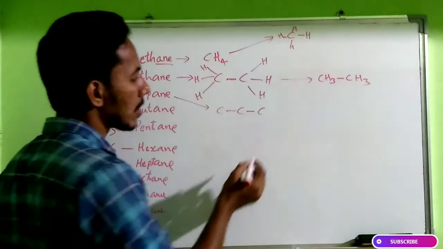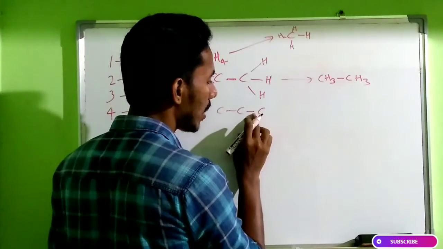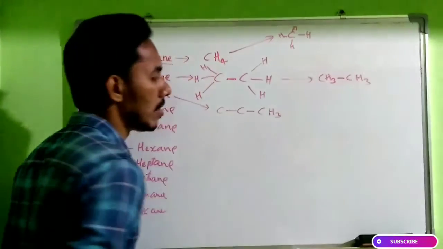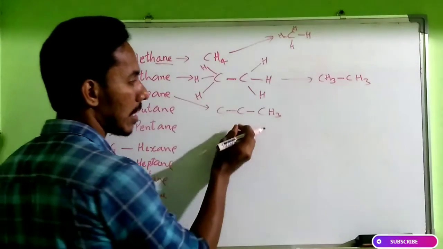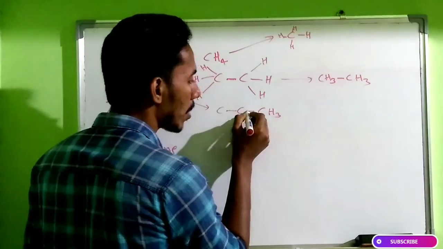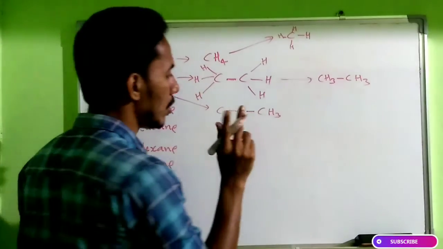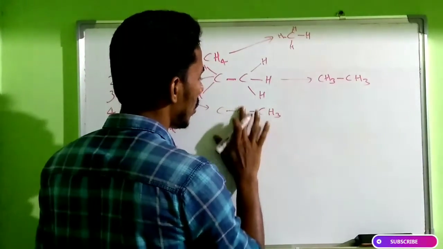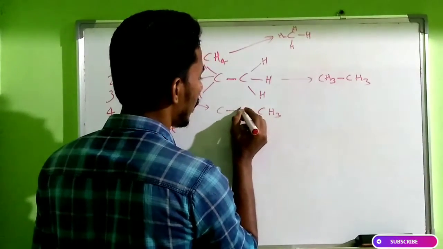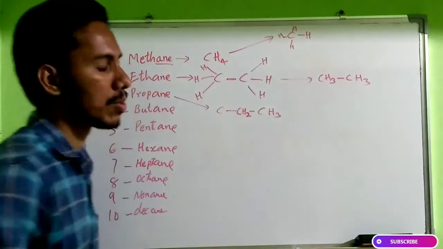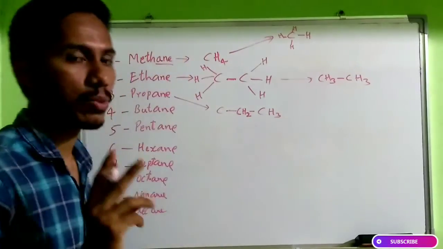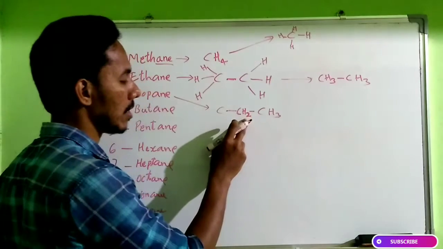Then how many electrons are left here? 1 is bonded. Then other 3. In this central carbon atom, 1 is bonded here, 1 is bonded here. How many left? 2. So you can write this as CH2.